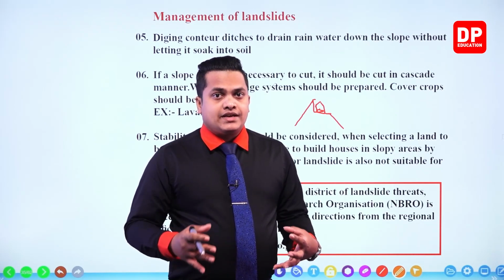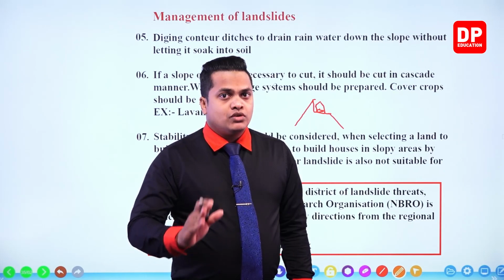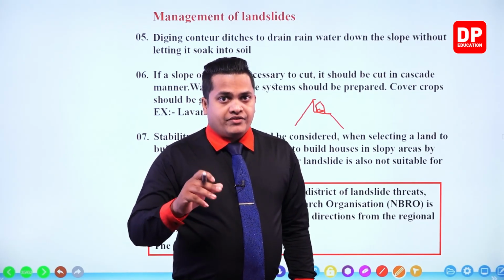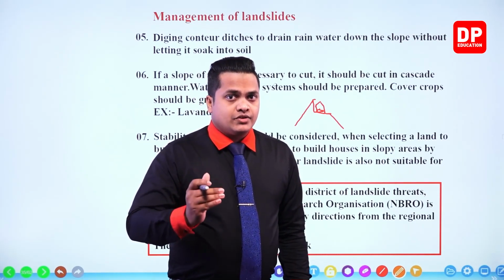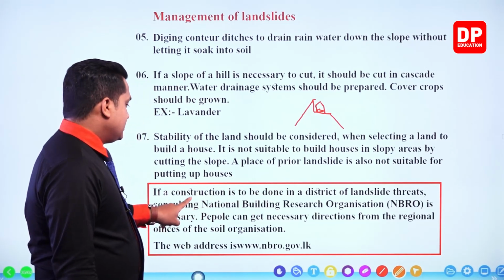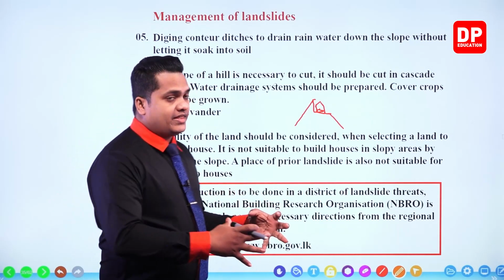Now, if you need to build up a house in a certain area that has a threat of landslides, then my dear children, on your own you can't do this thing. You have to get the permission of the authority. So there is a certain authority which is named the National Building Research Organization. So you have to go over there.